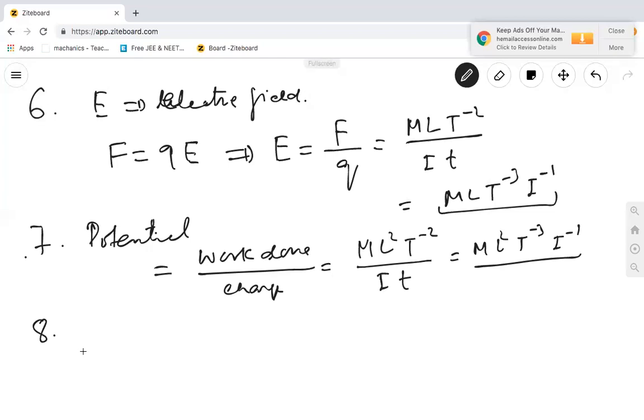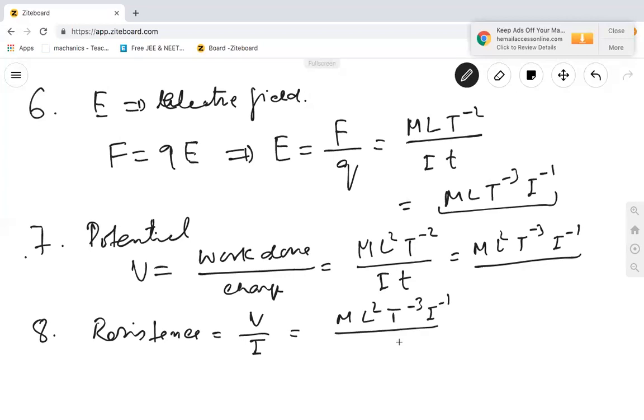Let me go to resistance. Resistance is, according to Ohm's law, V by I. What is V? Now take out the potential. Yes, sir. M L2 T minus 3 I minus 1, by I again.